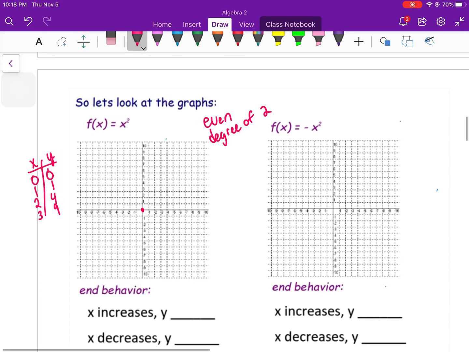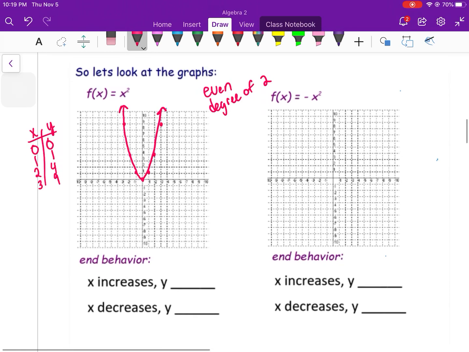So this has a vertex at 0, 0, then 1, 1, 2, 4, 3, 9, and then you can easily get the other side if you just reflect that over the axis of symmetry, which in this case is the y-axis. This is the parent function.